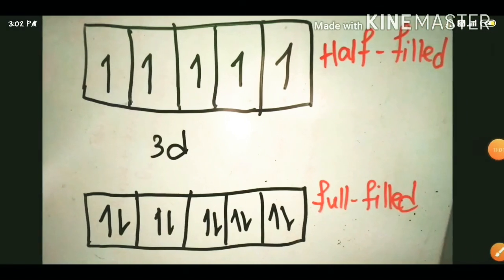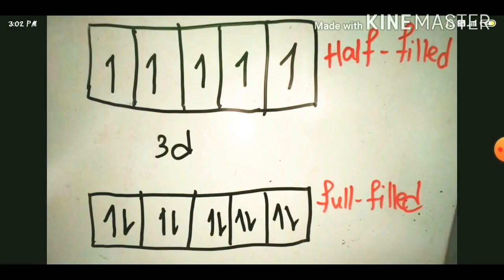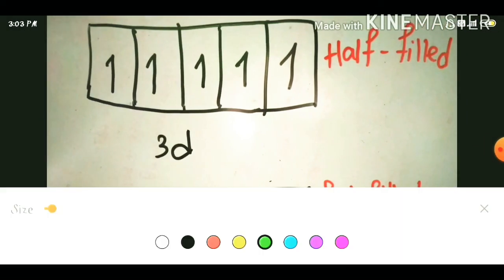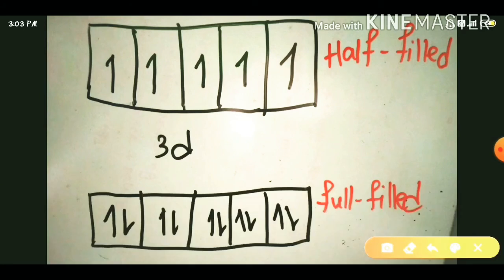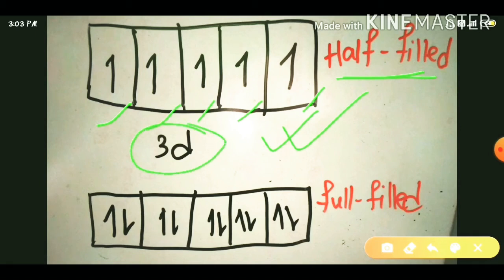Let's see why. If it gives 1 electron from its d orbital, then it will fulfill its half-filled condition. That means 1, 2, 3, 4, 5 electrons will be present in its d shell. So this is much more stable than 3d6.